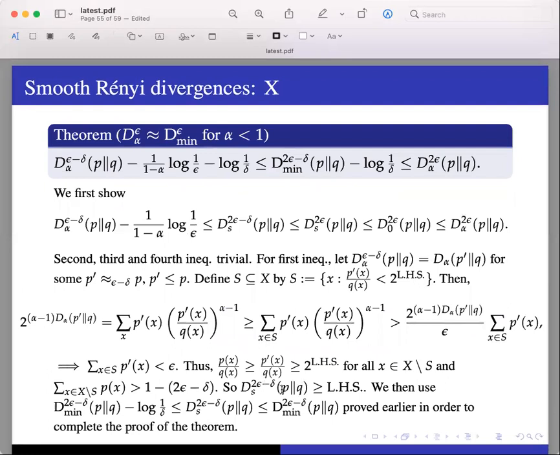So what have we concluded? We've concluded this, that this is larger than the left hand side. So this proves the first inequality out here.